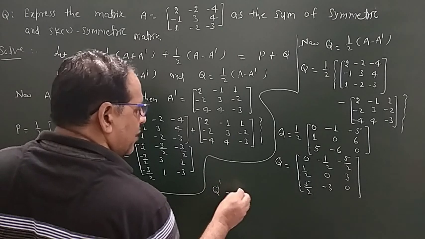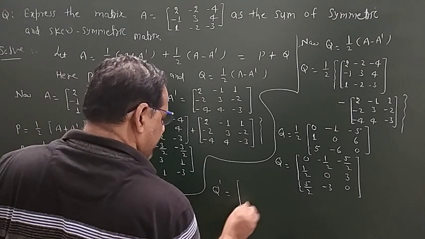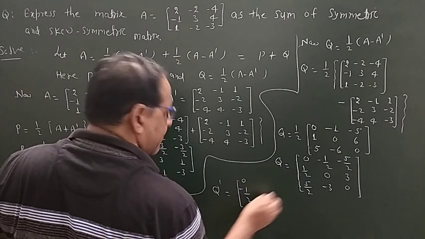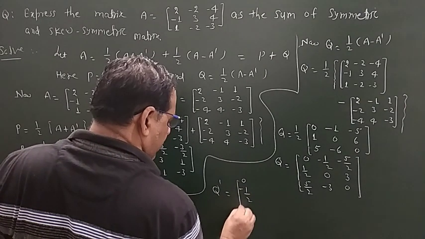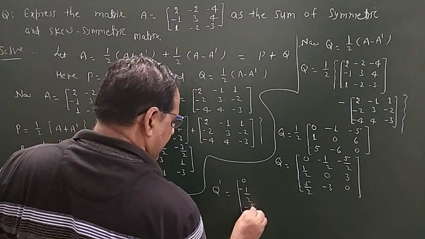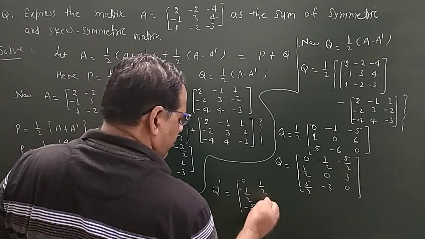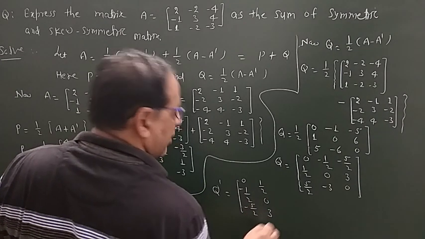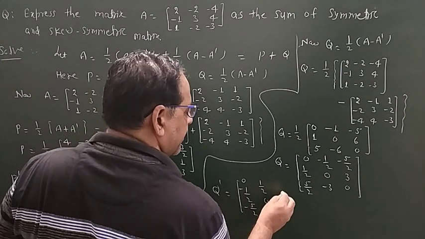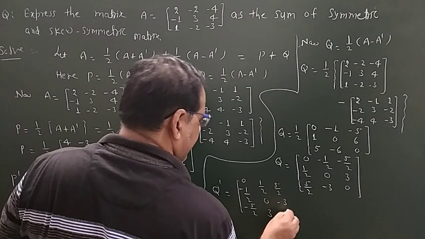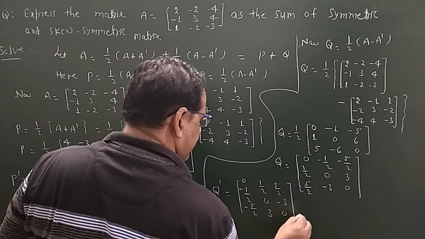So now Q dash equal to, again we change this, 0, -half, -5/2. Next step, 1/2, 0, 3 and 5 by 2, -3, 0.